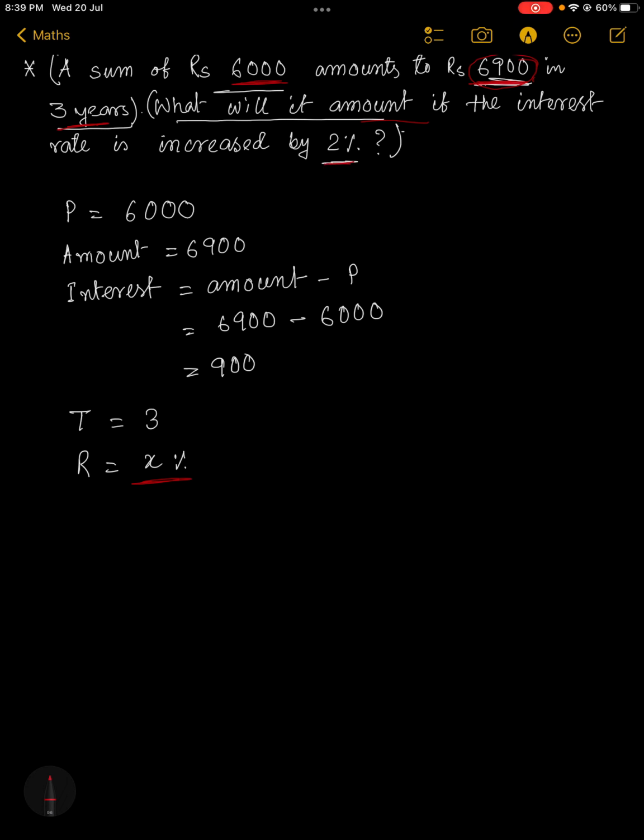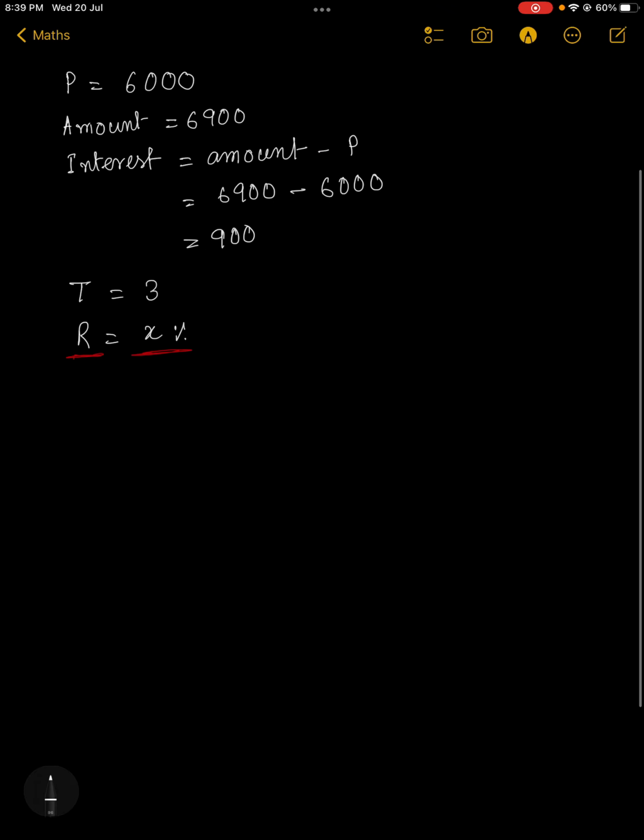For this, first we have to find out the interest. After that we will check what the amount would be if the rate is increased by 2%. Here, I is equal to P into R into T by 100.